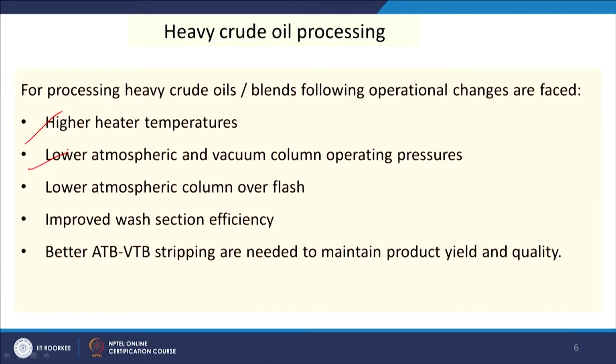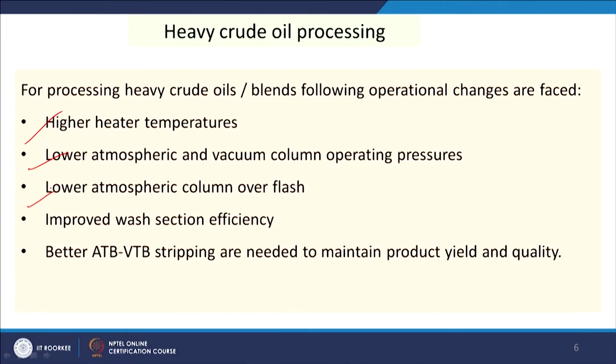As we have already discussed, the lower the pressure, we will get more high molecular weight hydrocarbons in liquid phase, and lower atmospheric column overflush, obviously overflush will be less because lighters are very less there. So, improved wash section efficiency, and then better ATB, VTB, atmospheric tower bottom, vacuum tower bottom stripping are needed to maintain product yield and quality. So, these are the basic features of heavy crude oil processing.